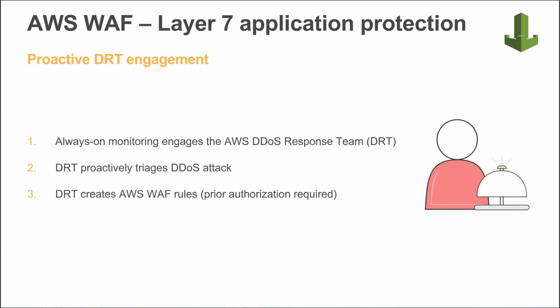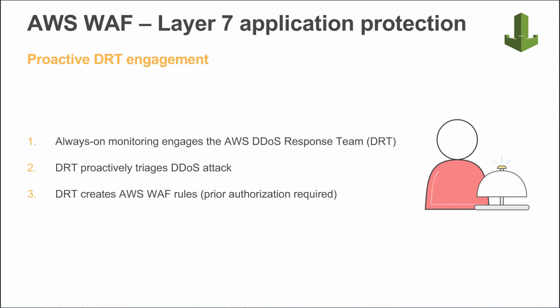And the last type of engagement is for some of these DDoS attacks at layer 7, where the DDoS response team will proactively jump on the attacks, start analyzing and triaging them, find the root cause, and create AWS WAF rules, and with your authorization, we'll push those to production to mitigate the ongoing attack.